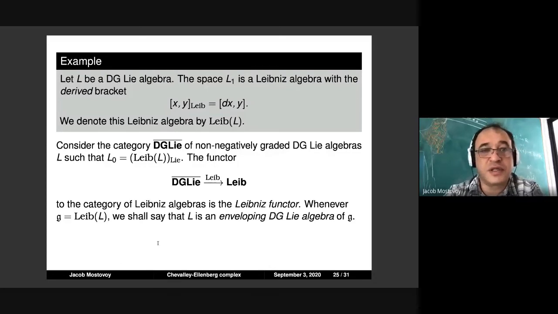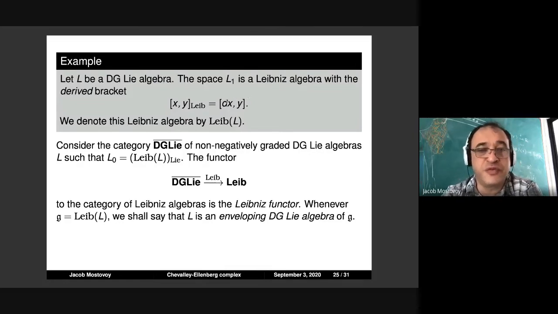So it turns out that Leibniz algebras are just a piece of structure of differential graded Lie algebras. If you have a differential graded Lie algebra, then in degree 1 you have a bracket.